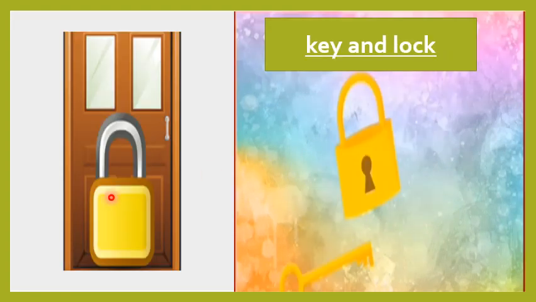Here, while we go out or go somewhere, what do we do? We put a lock on our door. We lock our house. And for that, what do we need? Yes, we need a key and lock. So, key and lock is also a word pair.